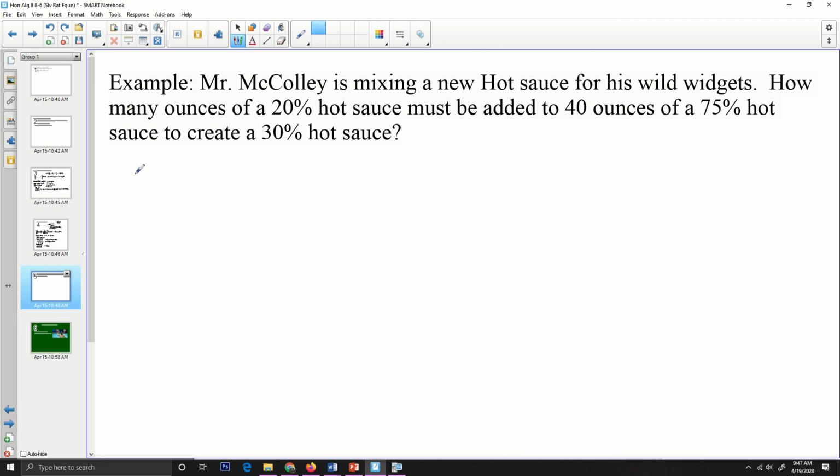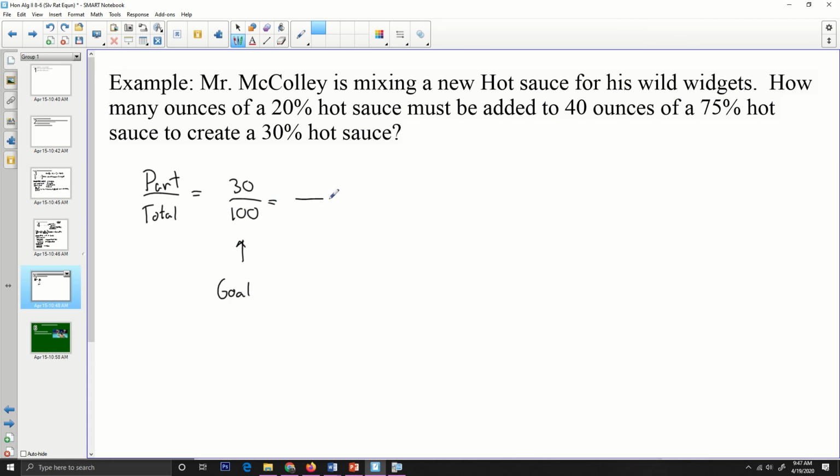And so remember, when you're doing a percentage, it's the part over the total. Our goal here is to create a 30% hot sauce, and a 30% hot sauce would be 30 over 100. So that's our goal.